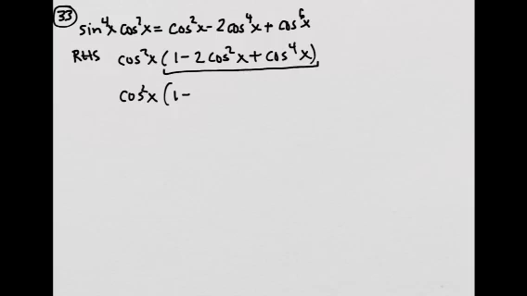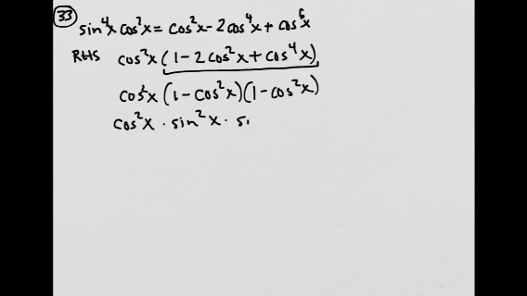This is 1 minus cosine squared x, times 1 minus cosine squared x. I'm going to replace each 1 minus cosine squared x with sine squared x. Sine squared x, there's 2 of them. You multiply together and you get cosine squared x times sine to the 4th x. And then just switch the order so that it looks like the left side exactly.